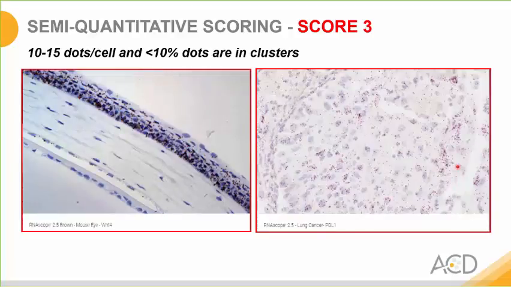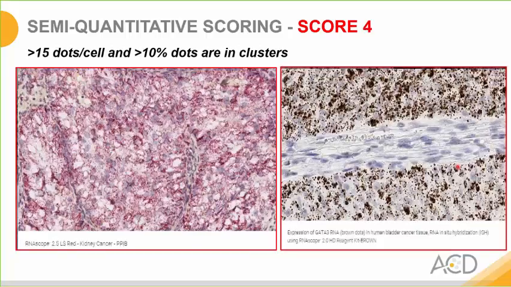These panels show a score of 3, with most cells containing 10 to 15 dots, with less than 10% of the dots in these cells being present in clusters. And finally, these panels show a score of 4, with most cells containing greater than 15 dots, many of the dots in these cells being present in clusters.